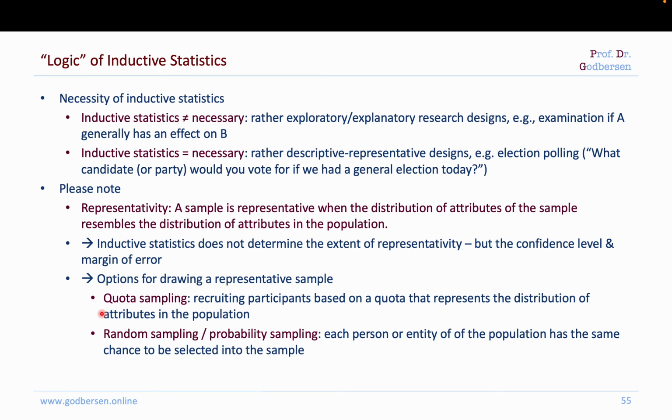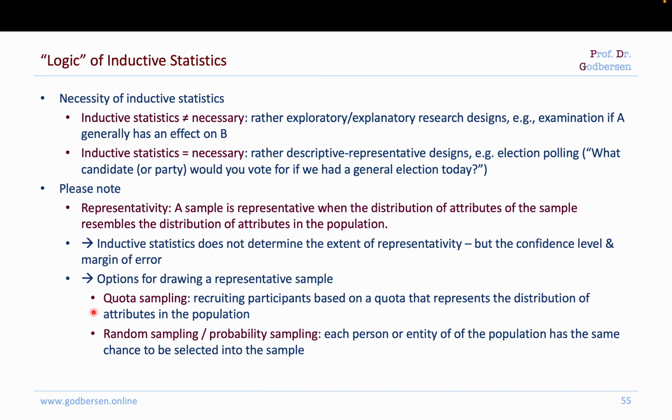So of course, for a few attributes you need to know how they are distributed in the population. On the other hand, you have random sampling or probability sampling. In this case, every element of the population has the same chance, the same probability, to be selected into the sample.